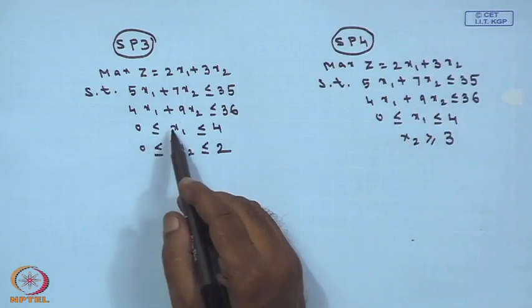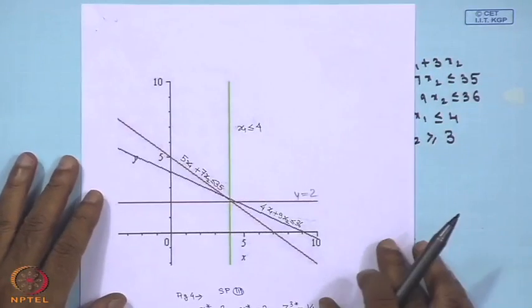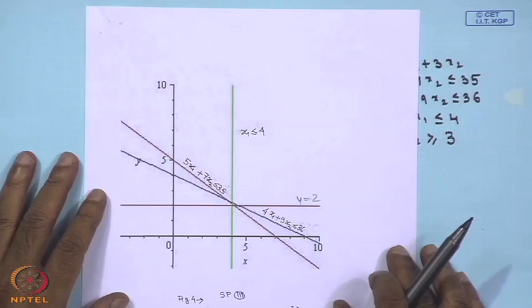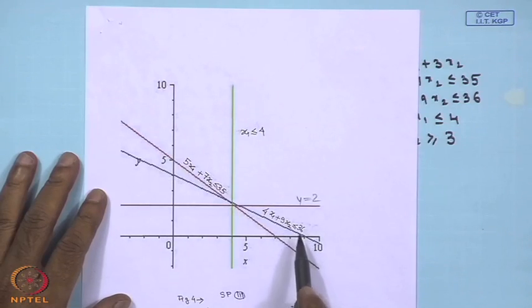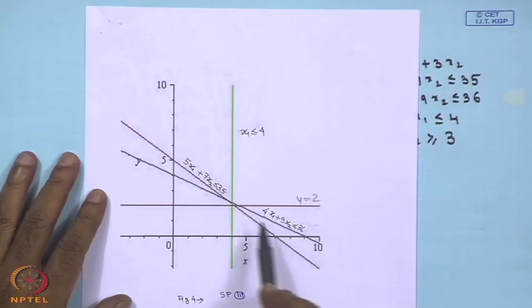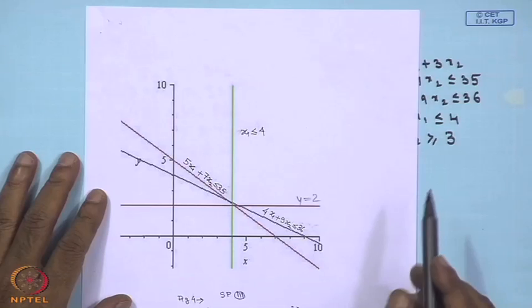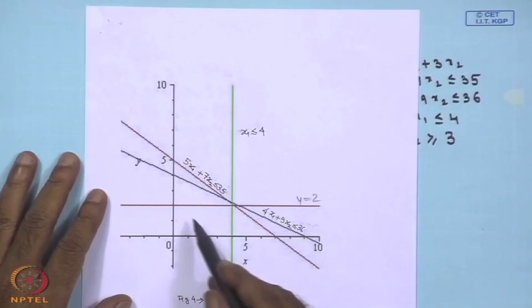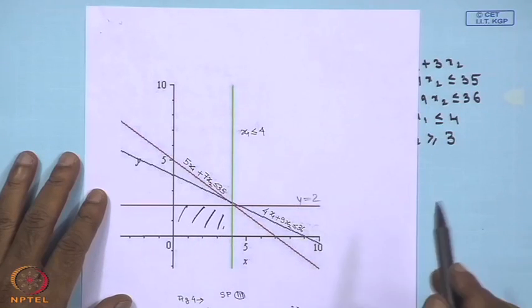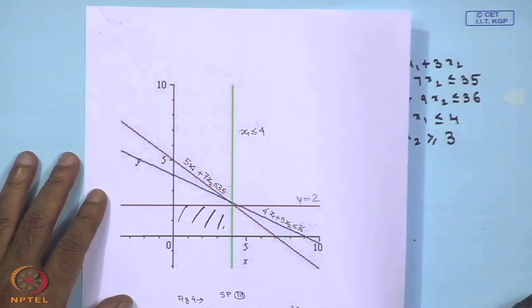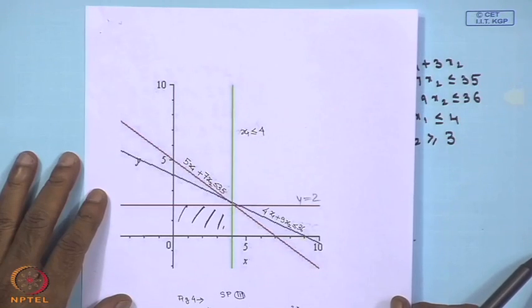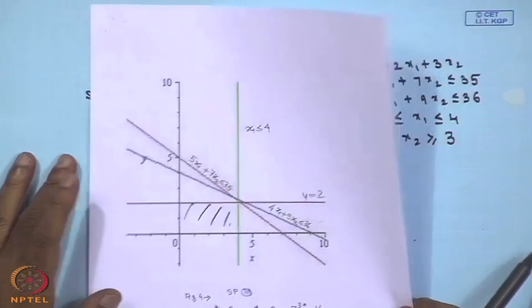For subproblem 3, I can find the solution something like this. These two lines are there, x1 less than or equal to 4 and x2 equals 2. So, the solution space will obviously come in this region. Here for this case the solution point will be x1 equals 3 and x2 equals 2.